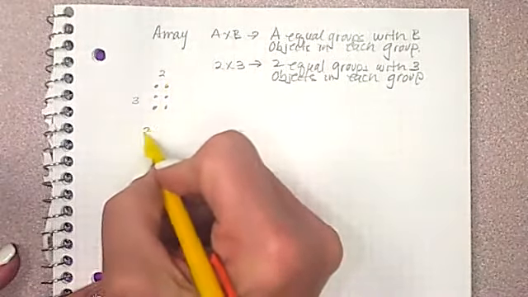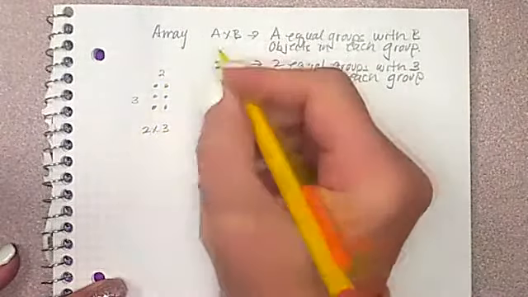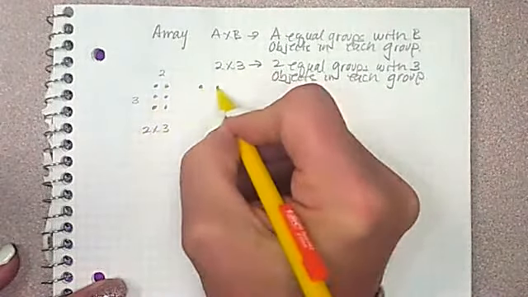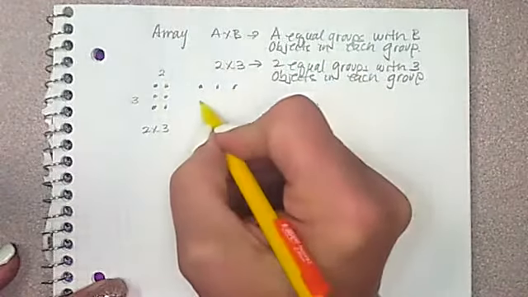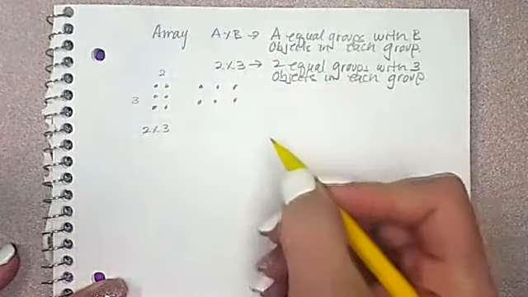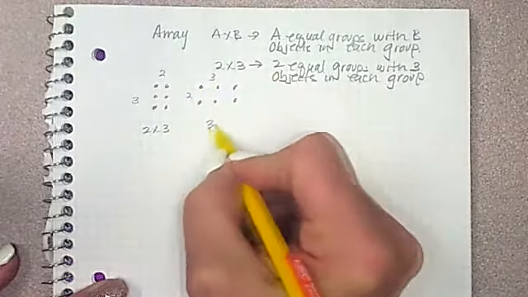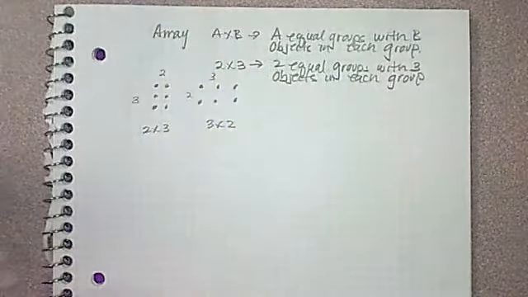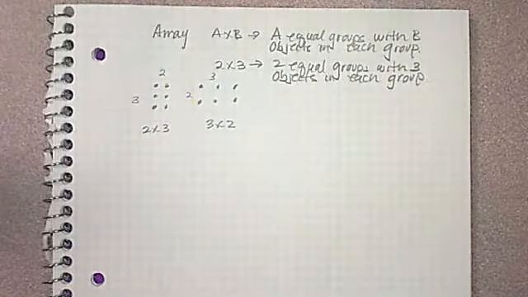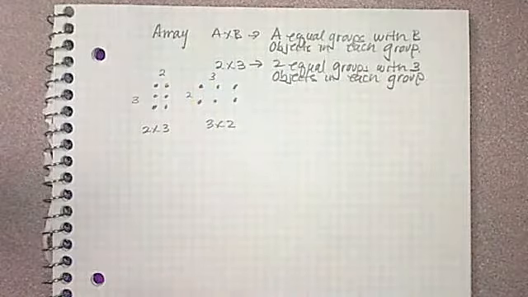So if we write this as a 2 by 3, then we could also say that we have 2 groups with 3 objects. So this then can be a 3 by 2. So just a couple different ways to show a visual of multiplication, pretty basic with these arrays.